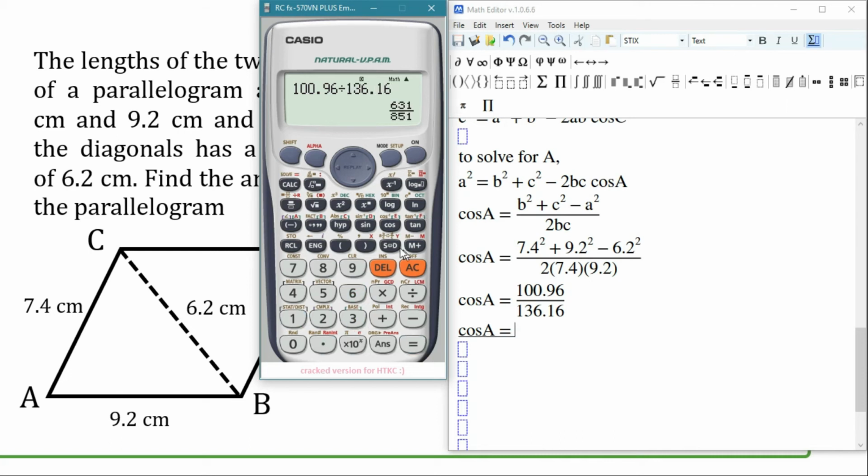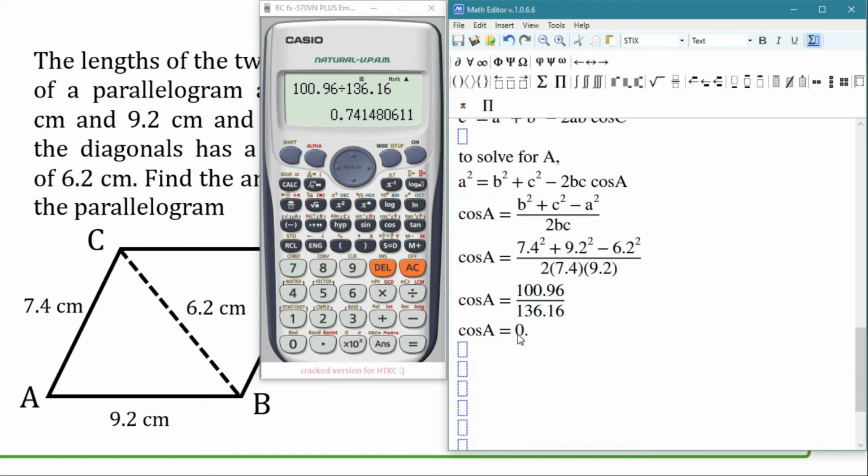So that will be equivalent to, alright, 0.741480611. And then, hindi pa ito yung value ni cosine of A.